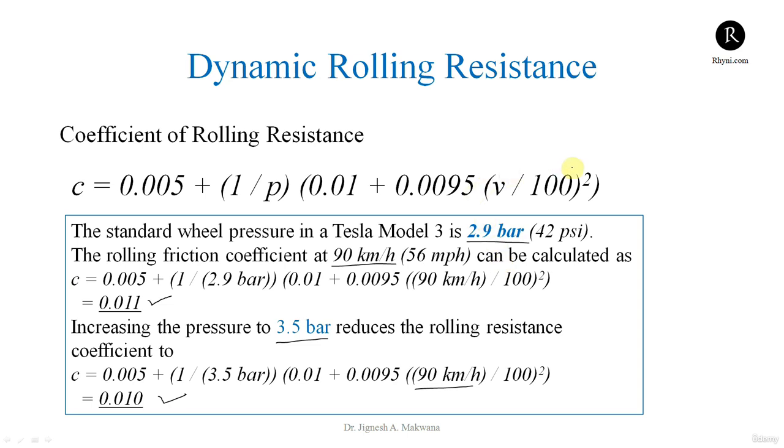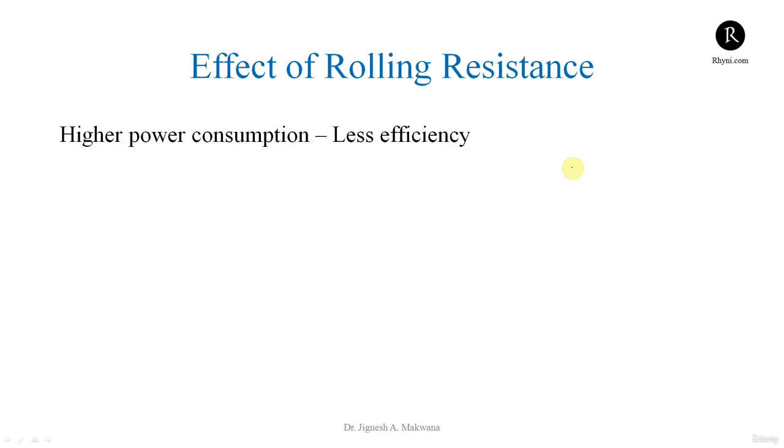We will understand it in simulation also, and we will see some case studies in simulation on how to add the rolling resistance. Now if we look at the effect of rolling resistance, it is high power consumption and less efficiency. So we always want the rolling resistance to be as minimum as possible, right?